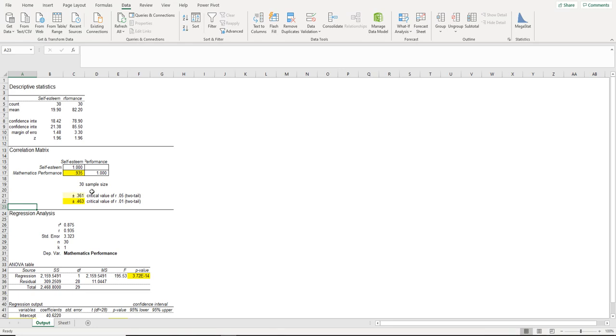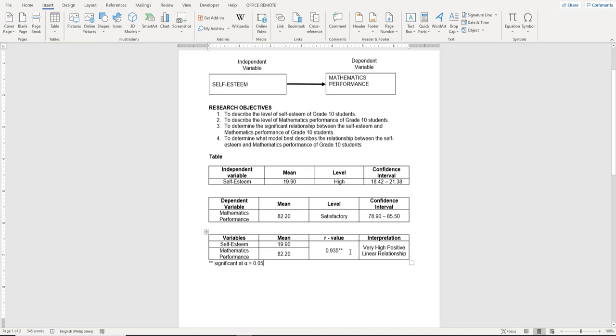That is the disadvantage of using MegaStat, because if you use SPSS, SPSS will give you the p-value of the correlation. So that's why we have an asterisk symbol here to say that this R value is significant at 0.05.